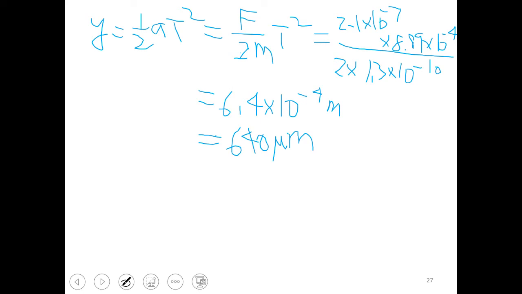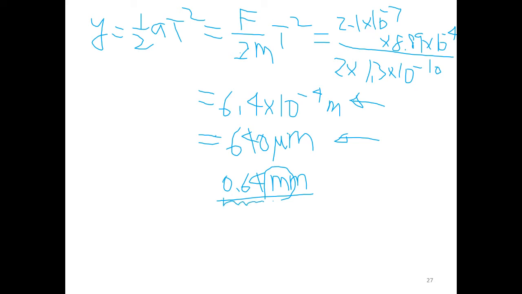So in the exam, you can choose this one or that one. In the textbook, it uses 0.64 millimeter. Usually, when we use the prefix, the number will be between 1 and 999, less than 1000.